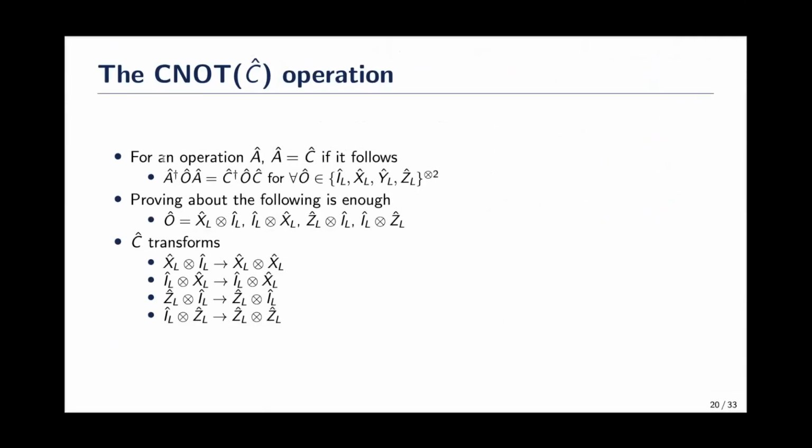For the operation A, if it acts like this on any Pauli operators, we can say A and C are equivalent. And proving this for these generators is enough because we can make any of the others by multiplying these ones.